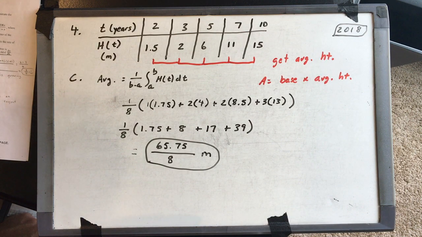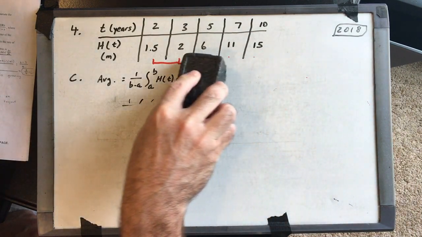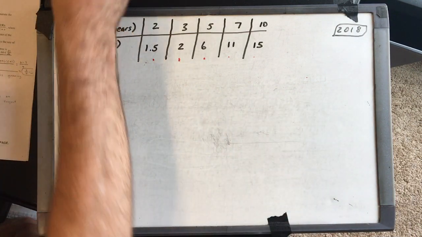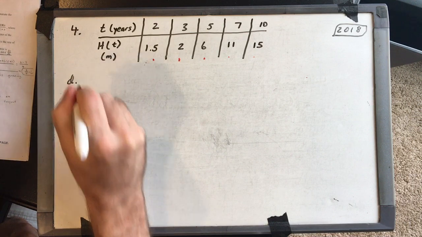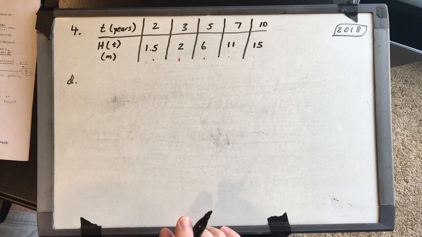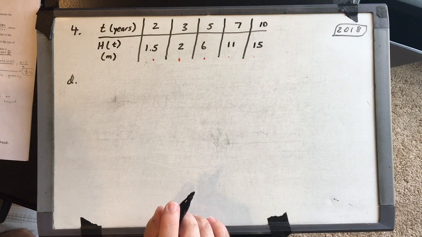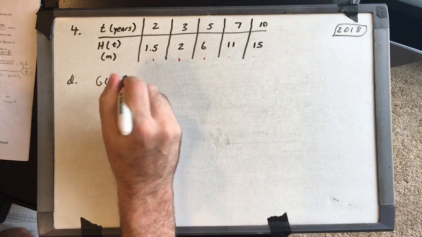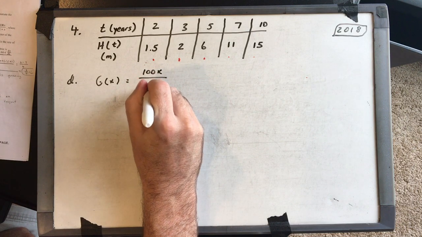Okay, let's look at part D. Part D is worth going through. I don't know that you would have time to get through this on the actual test, but it's a related rates problem. And it says that the height of the tree is given by this function, G of x is equal to 100x over 1 plus x.